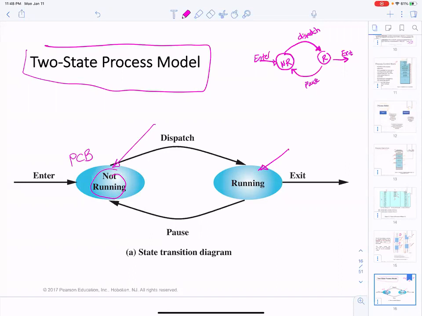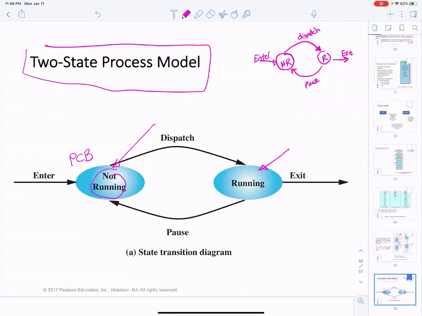And then the process will enter the system as a not running state. And then the process will exit the system if it's completed, as I said. Otherwise, if the process is interrupted while running, then the process will go back into a non-running state, and then back and forth until the process leaves the system.